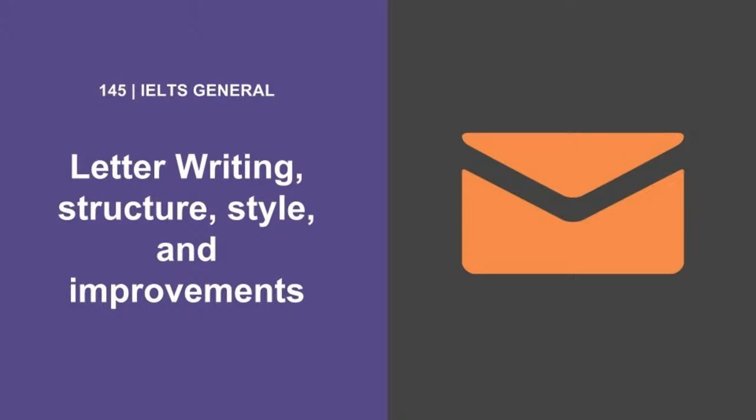Bullet point 2, the reason of your complaint. Bullet point 3, what you would like from the company you're writing to. And these 3 bullets will be your 3 paragraphs, and that's how easy it is to structure the task 1.